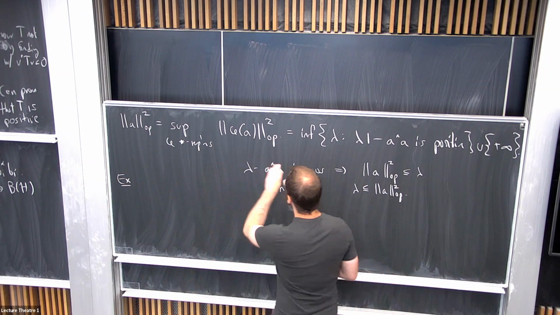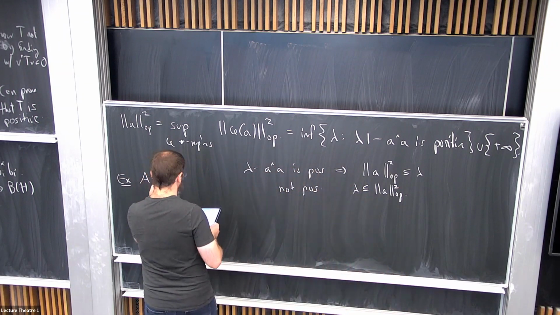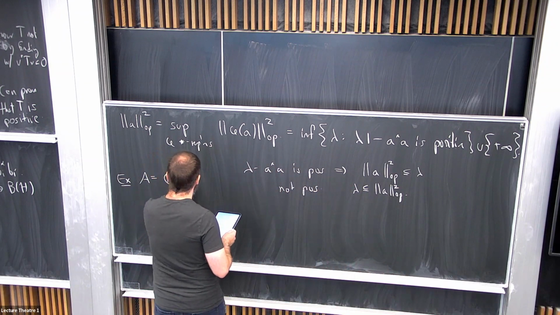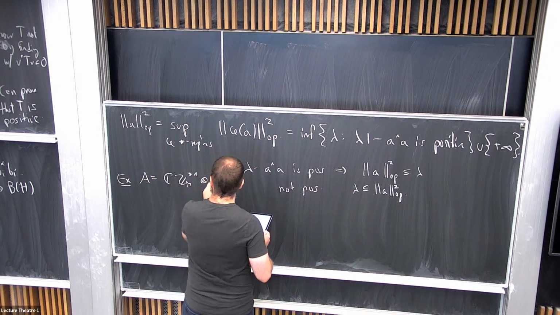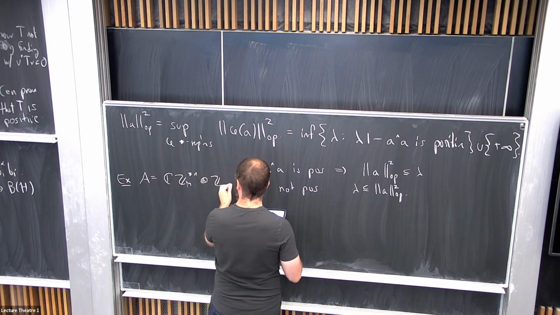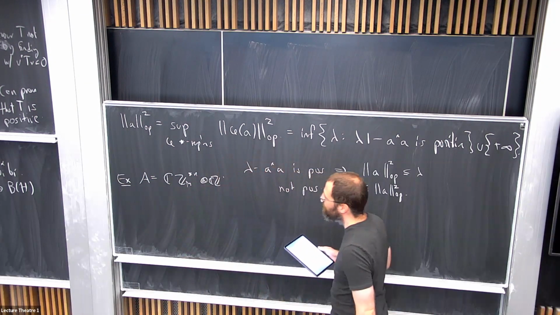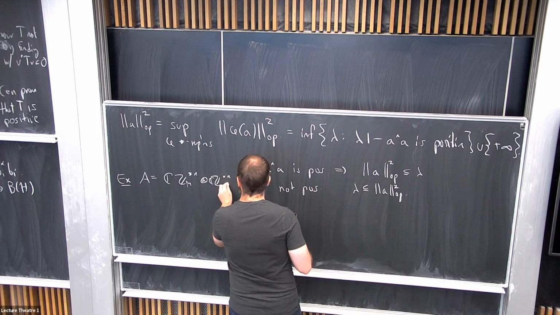Okay. So as an example of using this, let's look at this algebra. Take the group algebra of Zm, free product with itself n times, and then take the tensor product with itself. Okay.